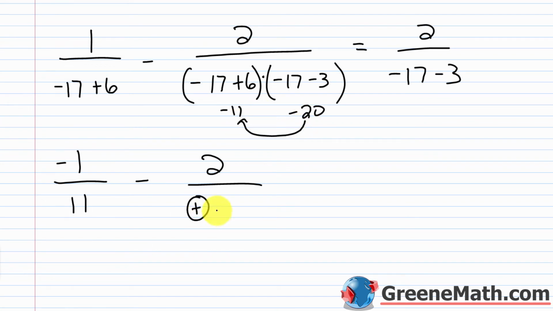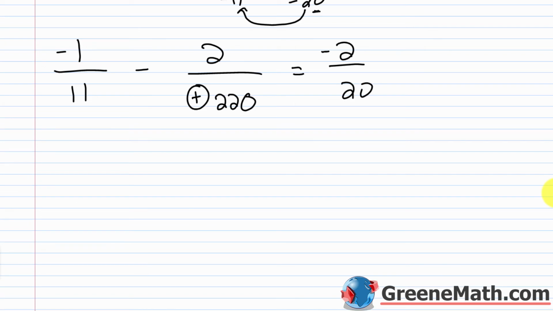Well, that's 22. Then just put your 0 at the end, the trailing 0. That gives you 220. Now this is going to be equal to 2 over negative 17 minus 3. So that's 2 over negative 20, or again, I could write this as negative 2 over 20. Doesn't matter. So now what I want to do is just go through and simplify as much as I can. So I need to multiply this by 20 over 20 so I can have a common denominator. So 20 times negative 1 is negative 20.